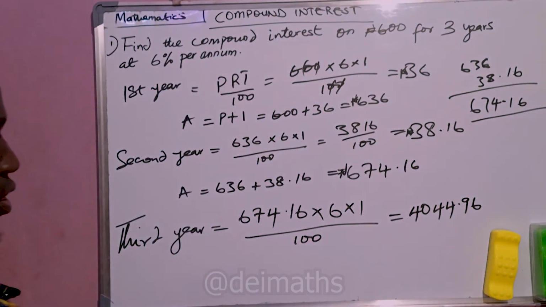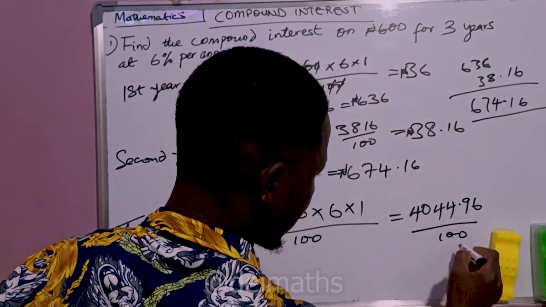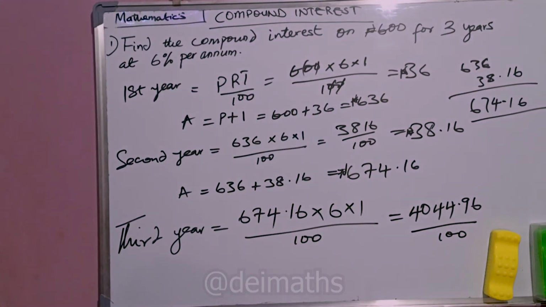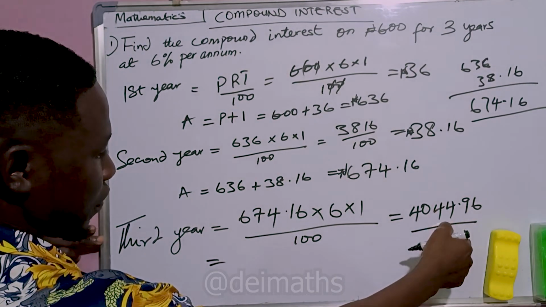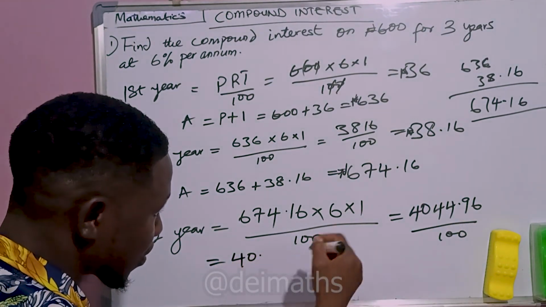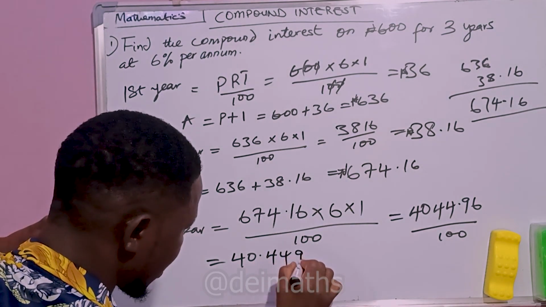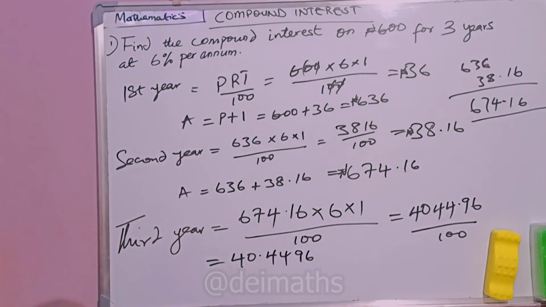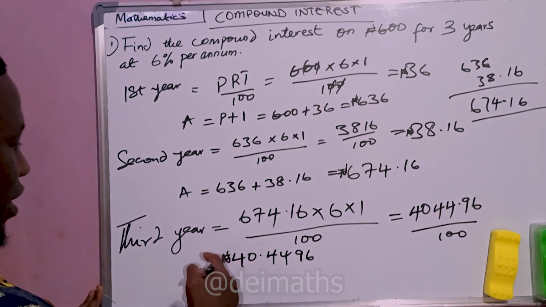So this is what we will get all over 100. Our interest becomes, if 100 divided by this, we have 40.4496. That is, our interest now becomes 40 naira.